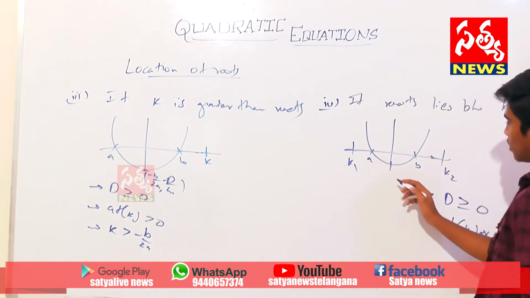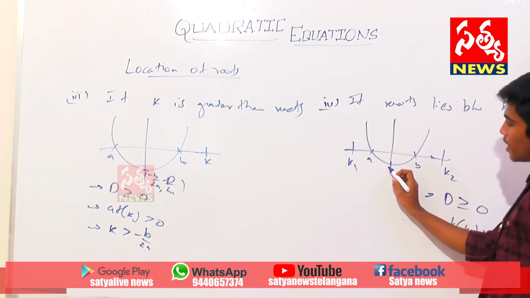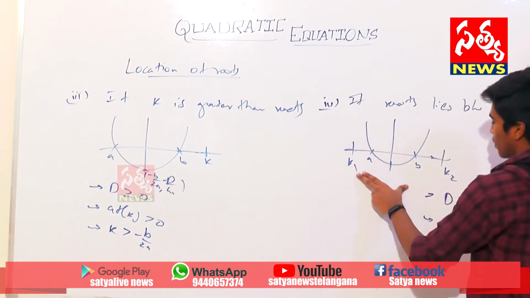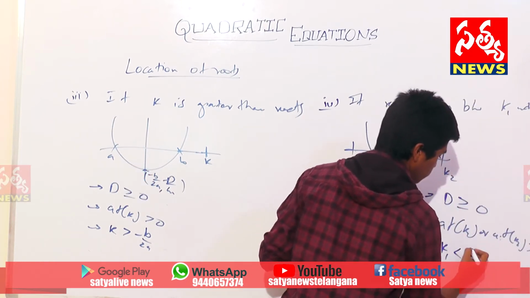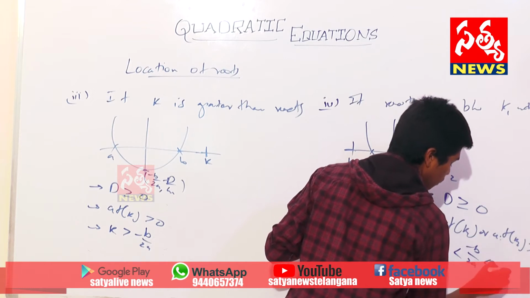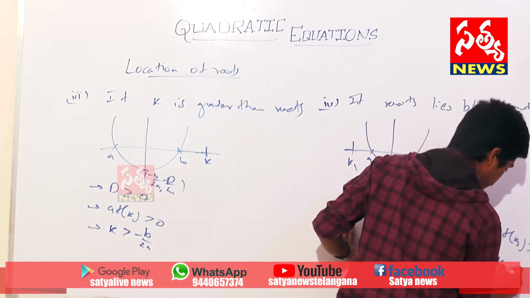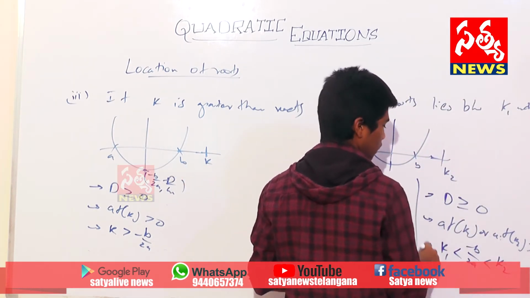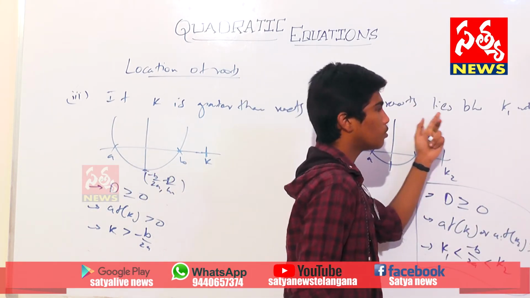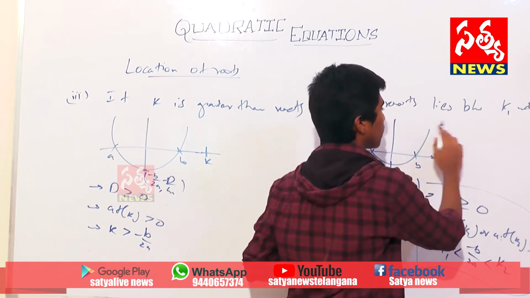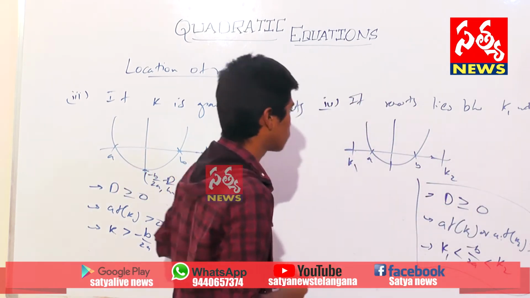The last one is, as here the minimum value is between k1 and k2, we get the condition k1 is less than minus b by 2a is less than k2. These are the three conditions we have to check to see that roots lie between k1 and k2.